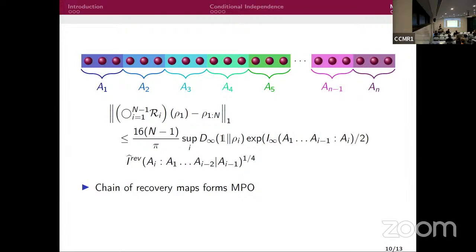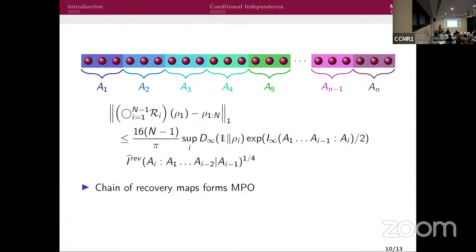So you have this chain of recovery maps that is a good approximation of the full thermal state on the N subsystems. And as I said, what I want is a sufficient criterion for the existence of such a tensor network representation or recovery map chain reconstruction.